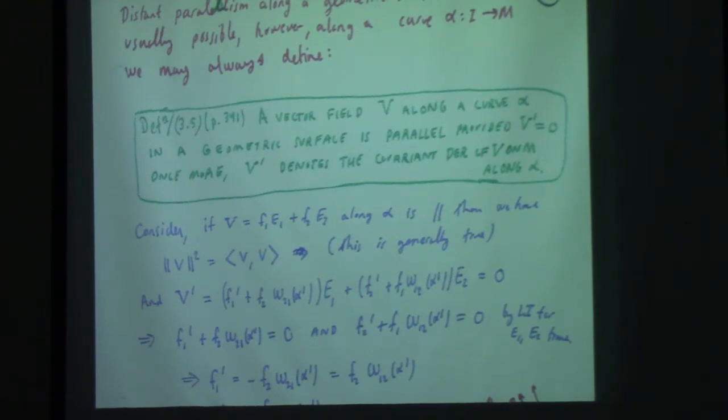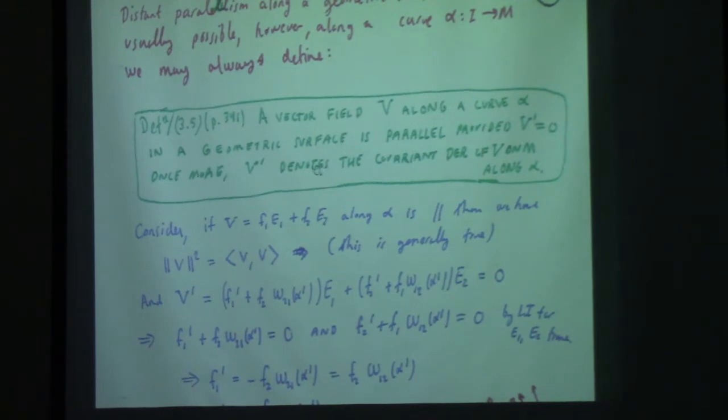Then I launch into this calculation on page 24, and the theorem I'm proving in the purple is the following: if the vector field is parallel along a curve, the length of the vector field is constant along the curve. Again, parallel implies constant length.